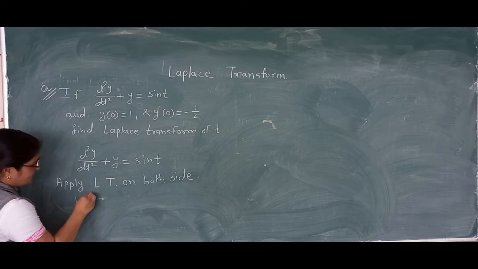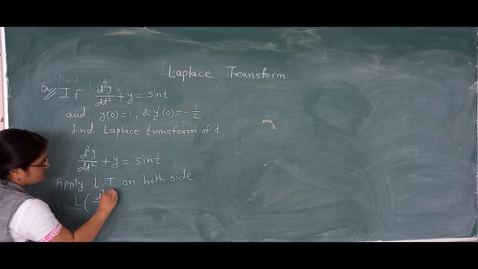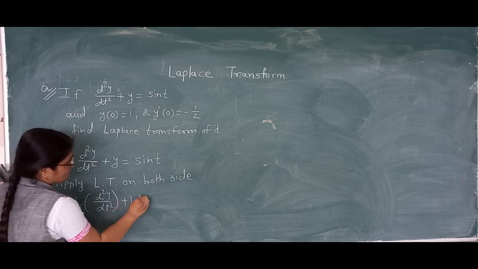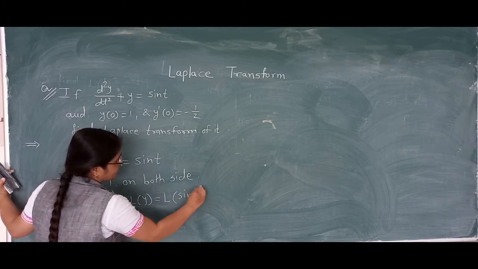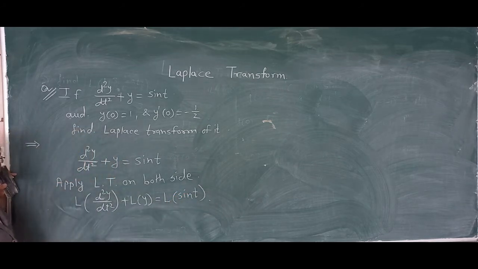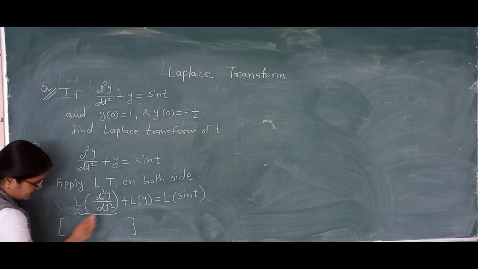Then we get Laplace of d2y upon dt square plus Laplace of y equal to Laplace of sin t. This is a second order derivative, so for the first term we use this bracket.